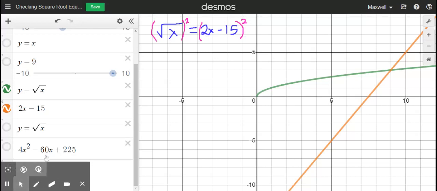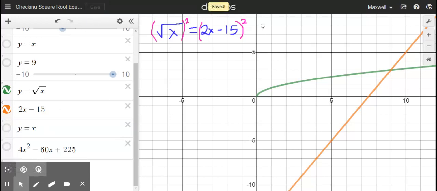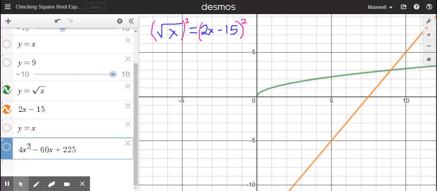And so once you've done that, the left side of your equation ends up being just x, y equals x. And we have the other side, if you do 2x minus 15 times itself, that would multiply out to 4x squared minus 60x plus 225.